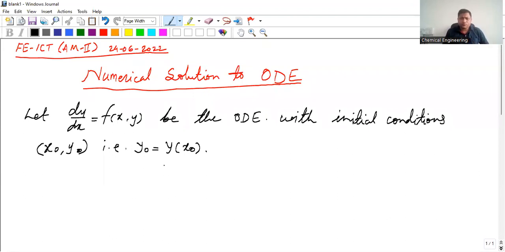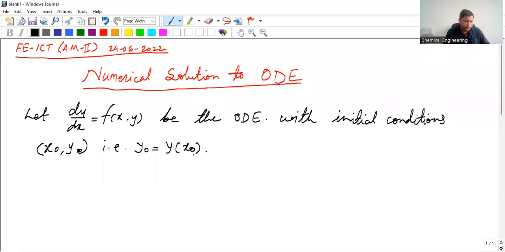So we are trying to find the curve which satisfies this differential equation and passes through the given initial value. These are the initial values. Sometimes it is directly given as y at x0 is equal to a value, so we need to understand the notation and be able to identify x0 and y0.